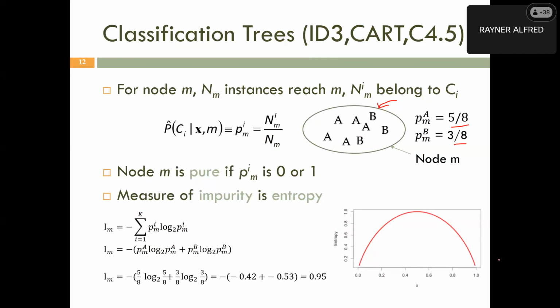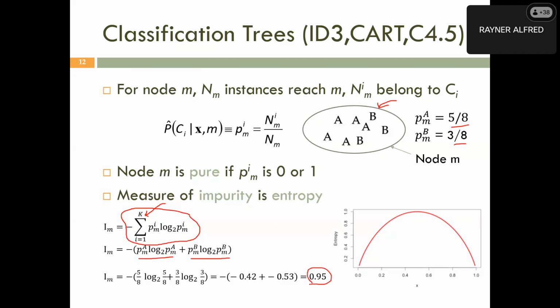So when we plug in the formula that we have for the entropy, basically this is the formula. They have shortened this one for k number of labels. So in this case, we only have 2. So this part is for the A and this part is for the B. So when we solve, we get this value.